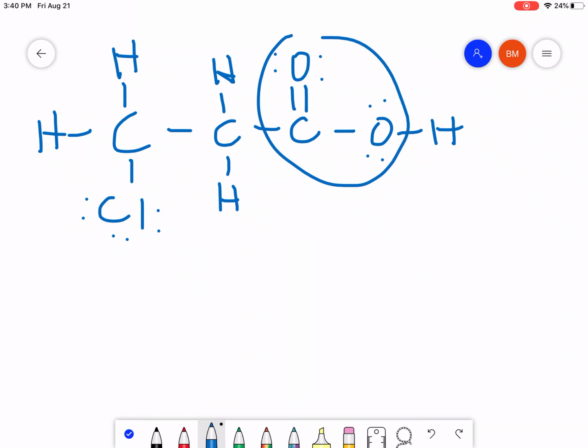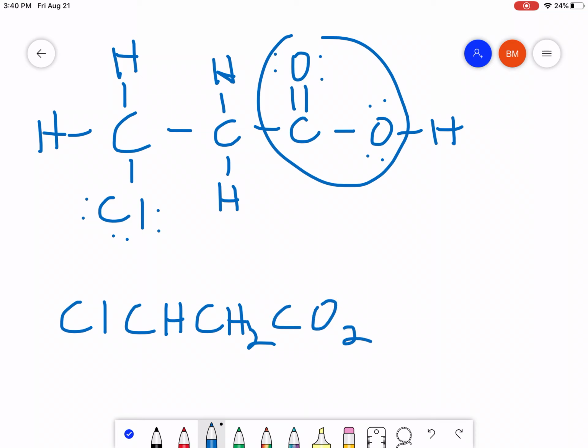So what we can do is we can say we have Cl attached to a CH group attached to a CH2. Then we will represent this group over here with CO2. And lastly, one of the O's is going to have the H. You can just simply put that on the very end.